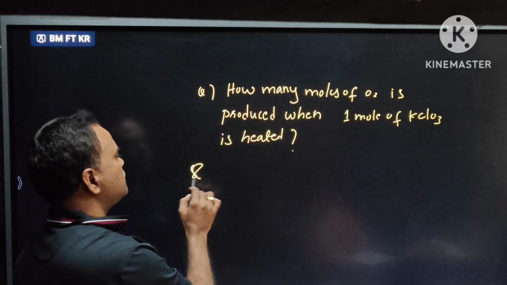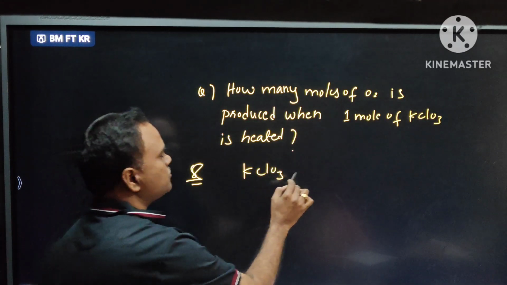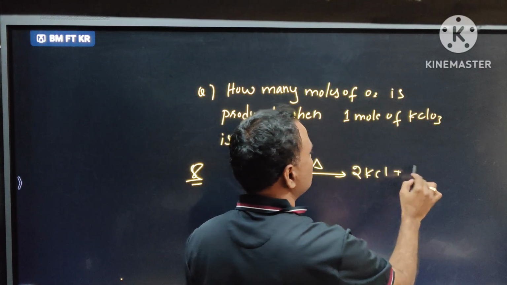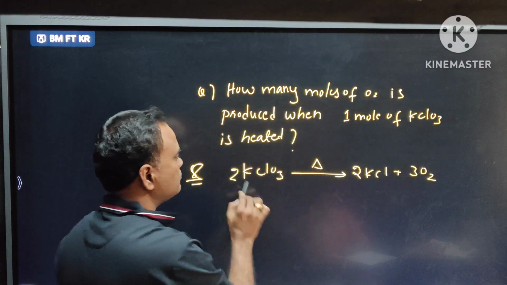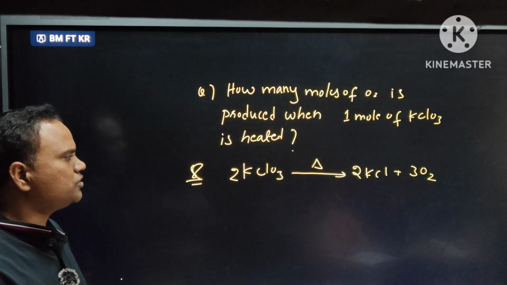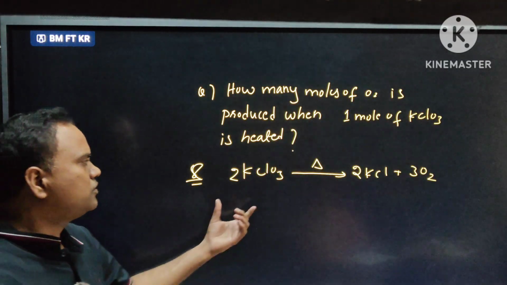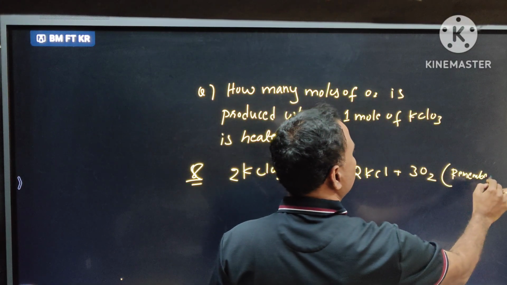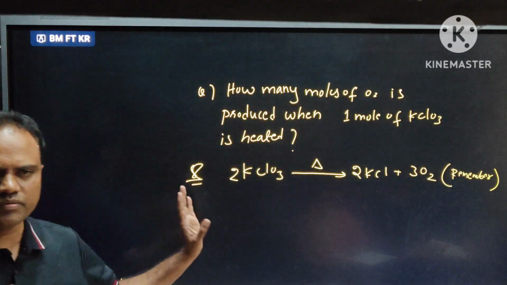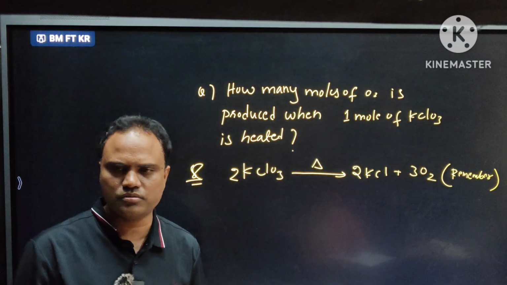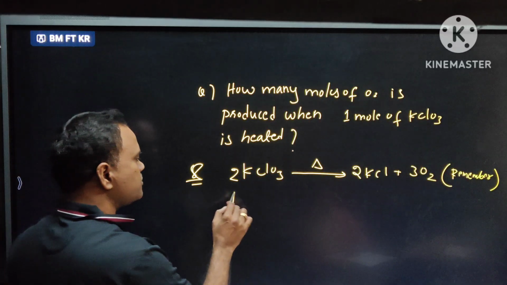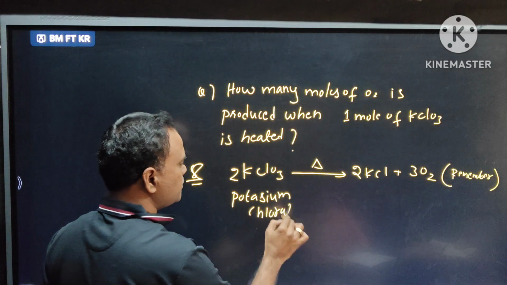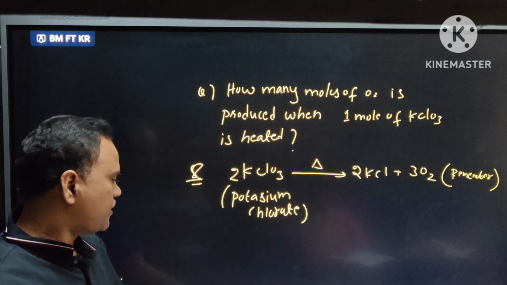First of all, you should know the equation of KClO3 decomposition. 2KClO3 gives rise to 2KCl plus 3O2. You have to remember this by heart. Before that, I gave some 6 or 7 equations, and this one also. KClO3 is potassium chlorate. Potassium chlorate decomposition is also important.